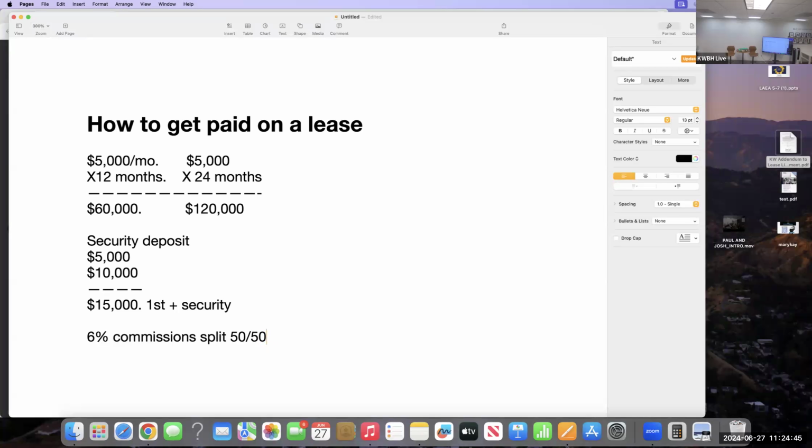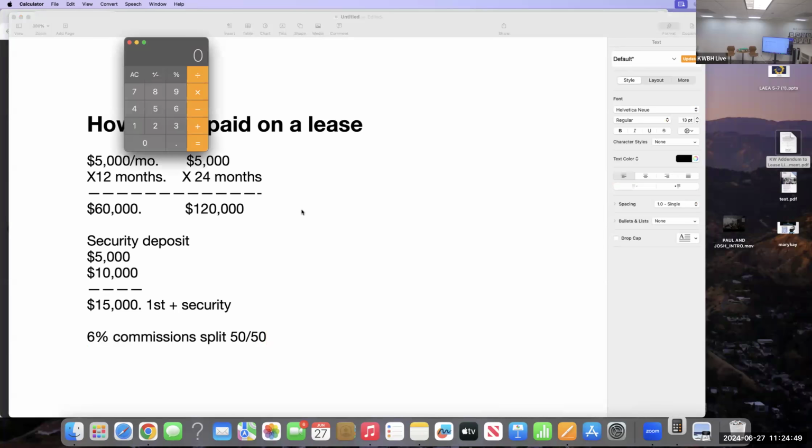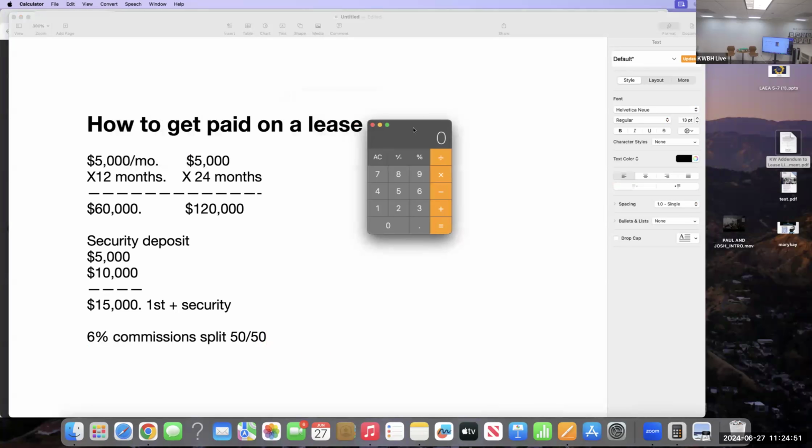Okay, so 6% commission. Now I'm going to go to my calculator. $60,000, which is the total value of my lease, times 0.06. That's the total commission, so it's $3,600.